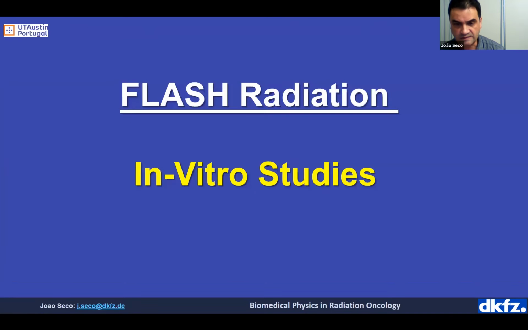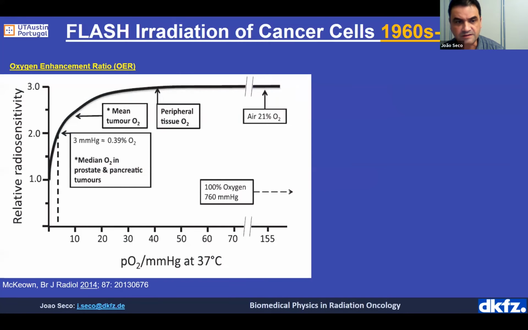Okay, what about the in vitro studies? So let's start with one concept that is really important, the oxygen enhancement ratio. The oxygen enhancement ratio quantifies how oxygen sensitizes a cell to radiation damage. If you have no oxygen, at 0 millimeters of mercury, we usually define this as the reference point 1.